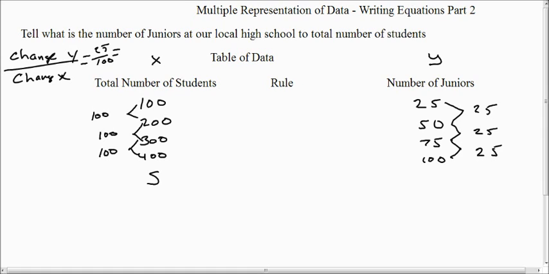So if we divide 25 by 100, we would get 0.25.